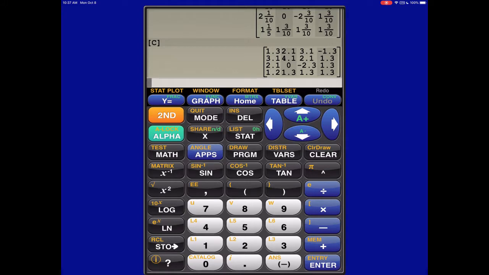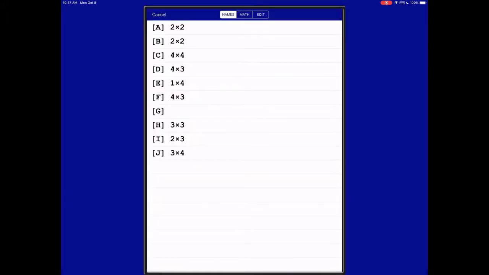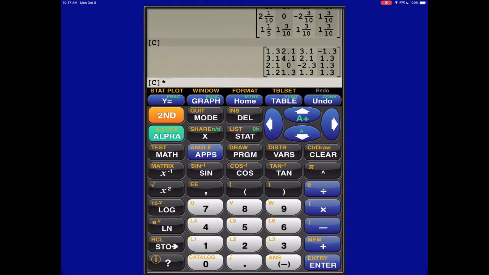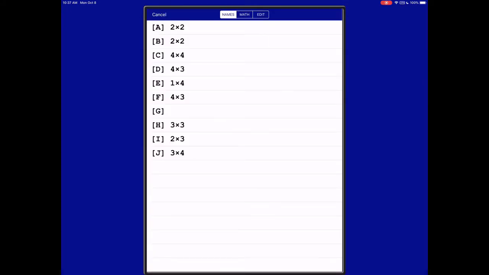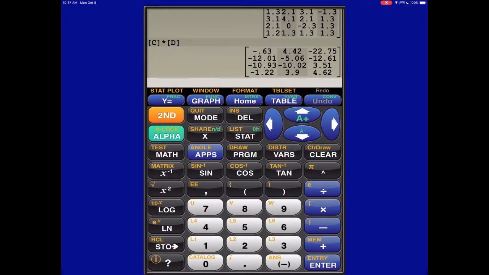Okay? Because I had it on auto, it was giving it to me as fractions. Okay? So I want to do C times second matrix D. Okay, now notice that's the answer from the notes.